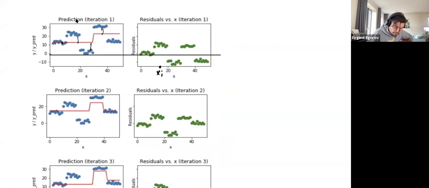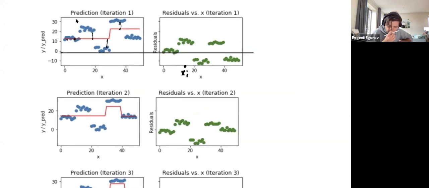Yeah, and as for this bunch of points, we don't really make any mistakes, we make some small mistakes. So then the residual is around 0 here. Here we make some big positive mistakes. So for these points above the line, the residual is highly positive.